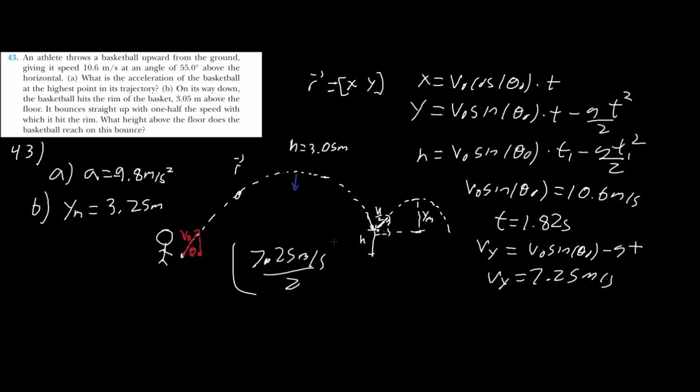Take a half of that, square it, divided by, is it just g or 2g? I think it's just 2g. This would result in, add that to that 3.05 meters. You should get that the actual answer is going to be 3.72 meters.